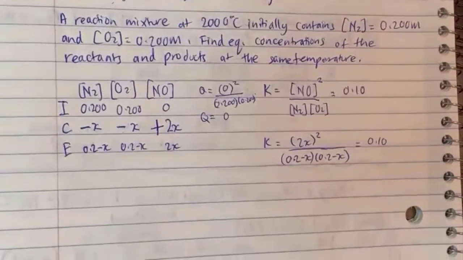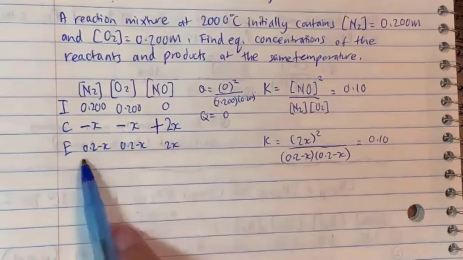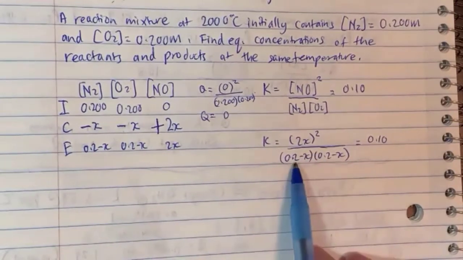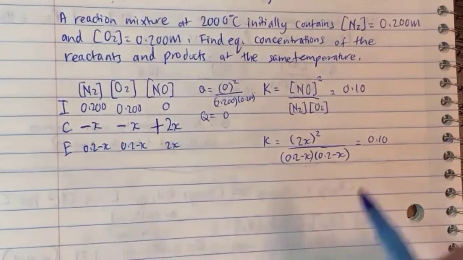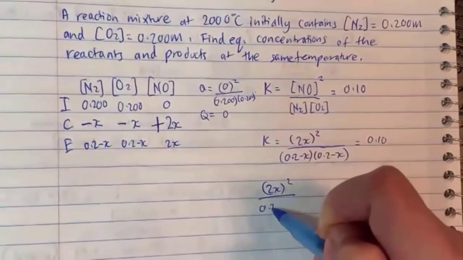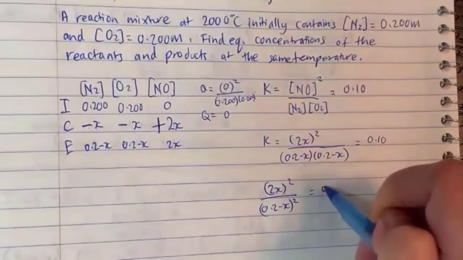Now we want to mathematically solve for x, and once we get x, we can find the equilibrium concentrations. So when you see something like this, it repeats itself, so this is really 2x squared on the top, and on the bottom is 0.2 minus x, squared, agree? And that equals 0.1.